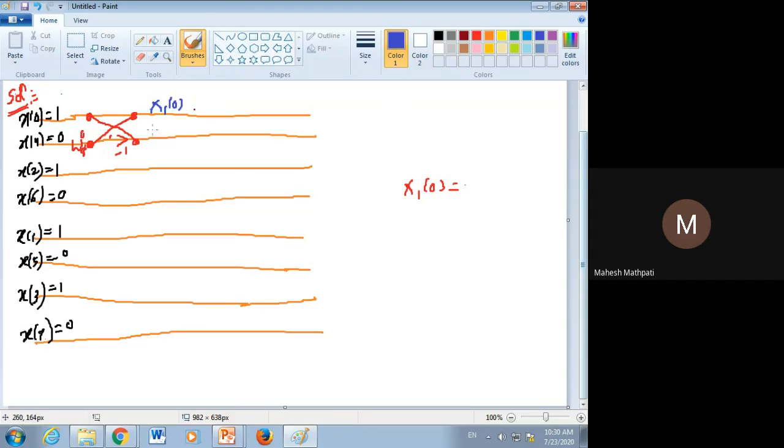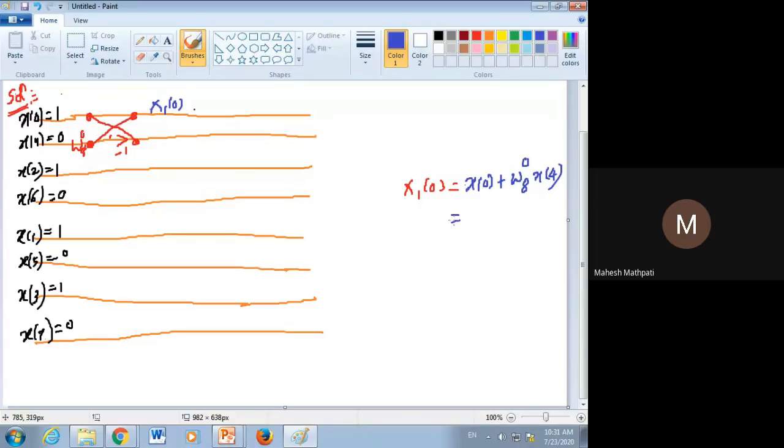What is the value of x1 of 0? It is x of 0 plus omega 8 to the power 0 into x of 4. Is everyone understood this?